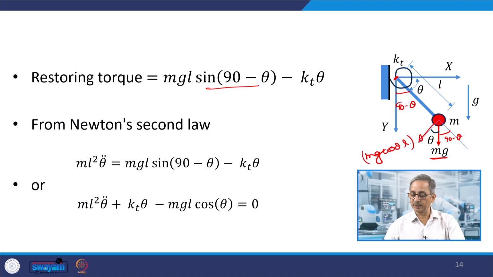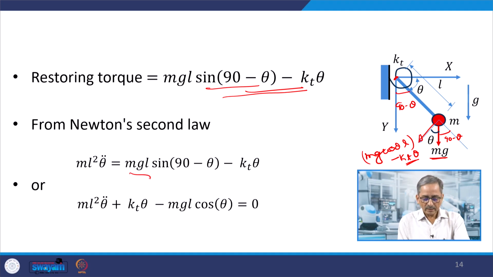So this is going to be the torque, and the spring will be putting the resistive action into that. So I can subtract from this one kT into theta. Okay, so this is going to be the resistive torque. And this restoring torque is going to be responsible for the angular acceleration of this bob.